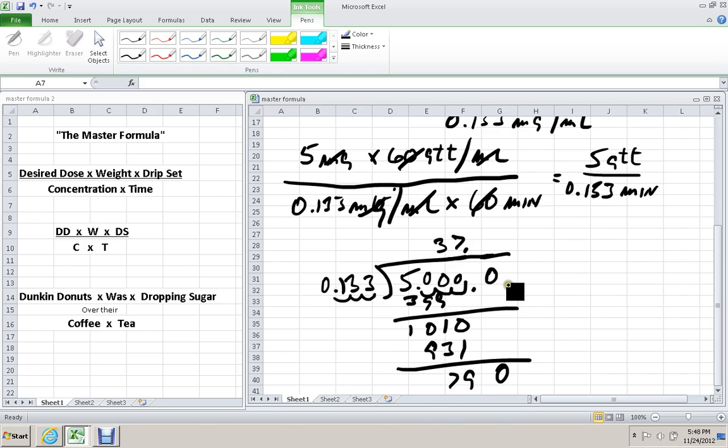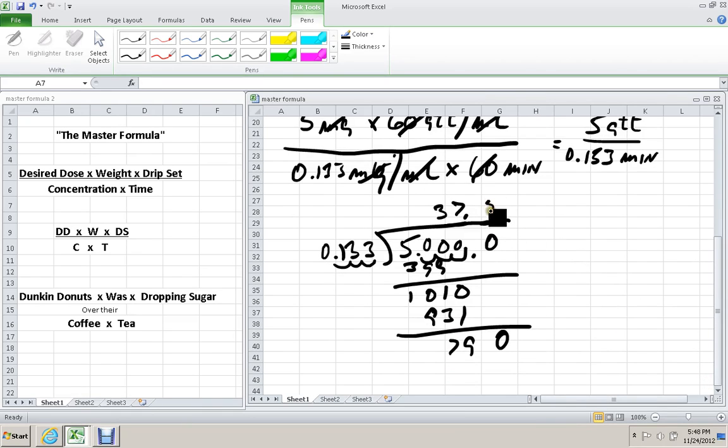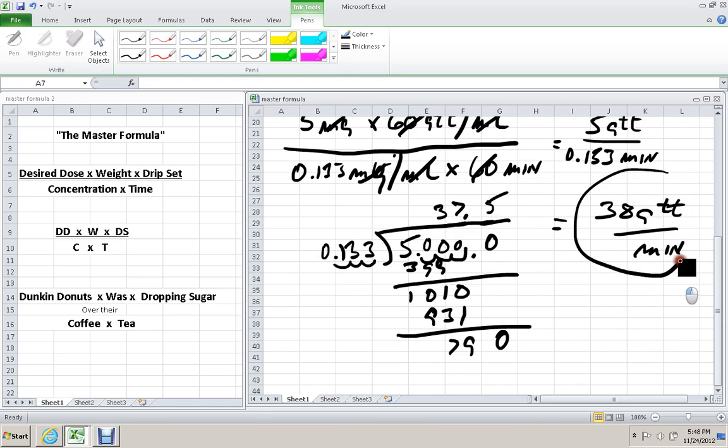All right, and it goes, let's say, about 5 times. This next time, 5 times. So we're talking about 37.5 drops per minute. That's 38 drops per minute. And that's the answer in this case.